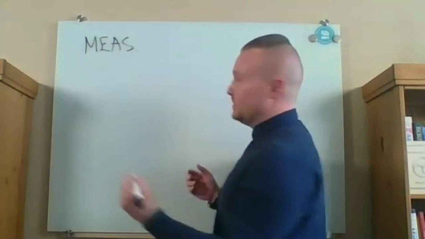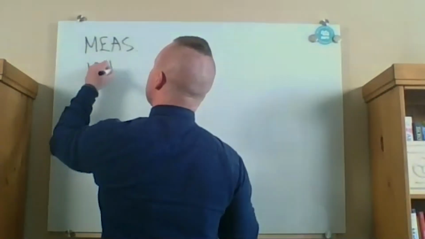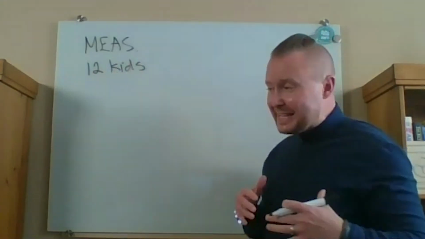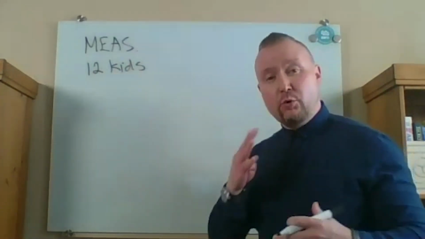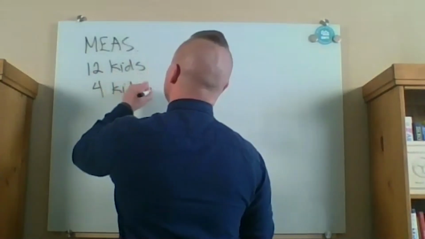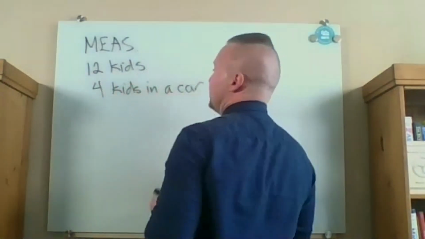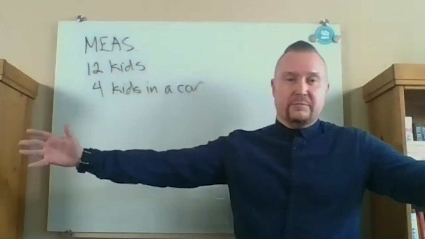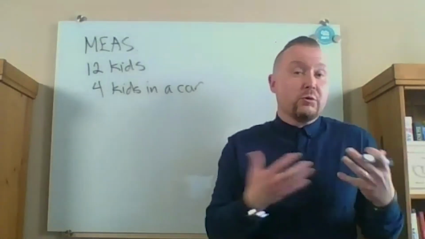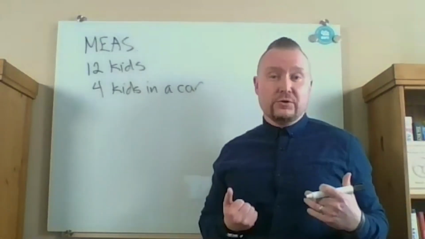So let me give you an example. Let's start with 12 kids. So there's 12 kids, and then we're going to have 4 kids in a car. Okay, so 12 kids stand up in a line, and 4 kids are going to go to each car. And what we're going to figure out is how many cars there are.